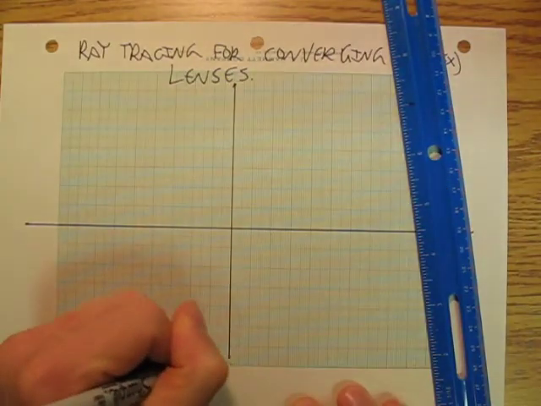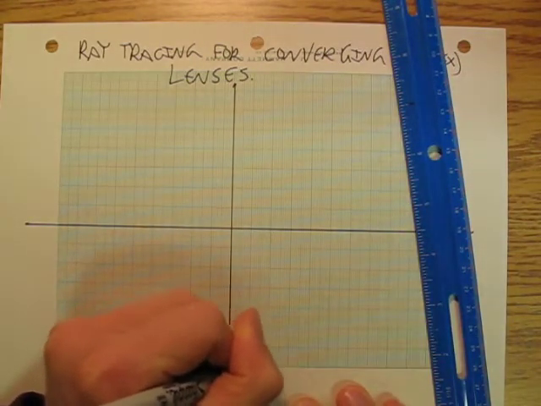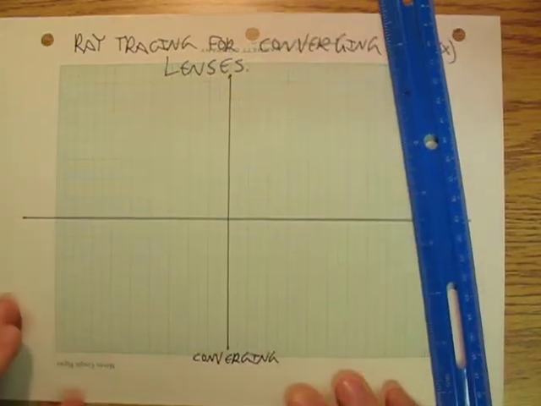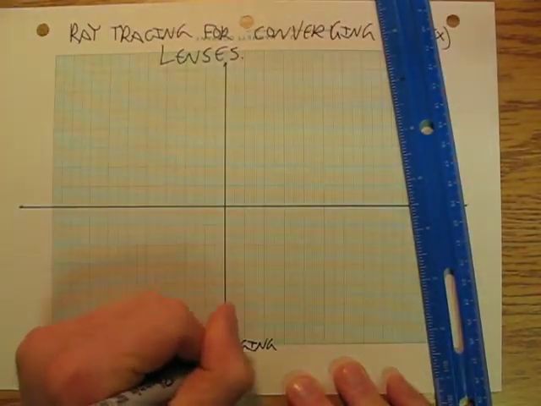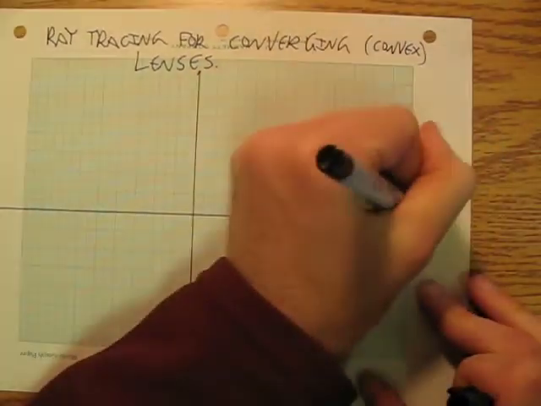So this is a converging lens. This is my optical axis.